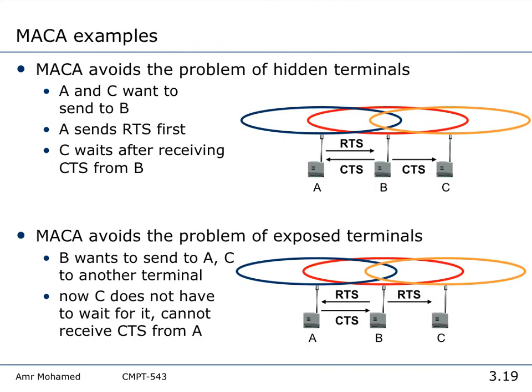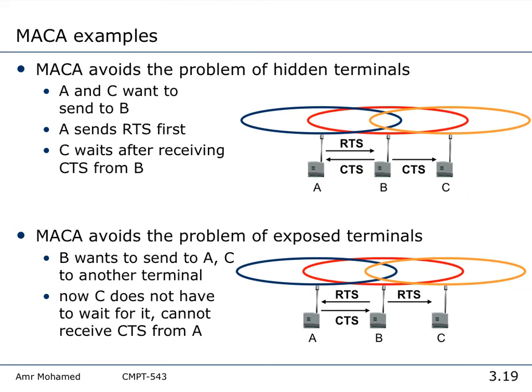So here, this very quickly shows us how MACA, using RTS and CTS, avoids the hidden terminal problem and the exposed terminal problem. Remember, when A sends to B, C is hidden, so C will try to send to B and the collision will happen at B, right?